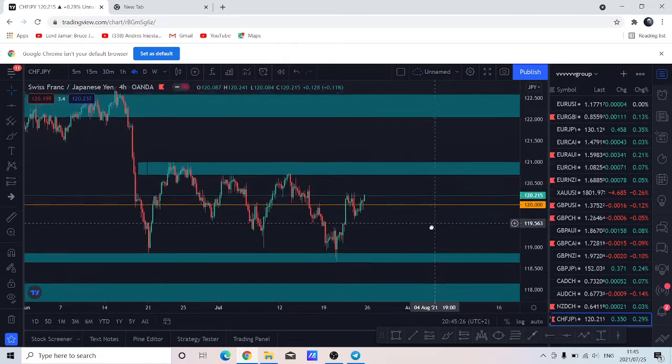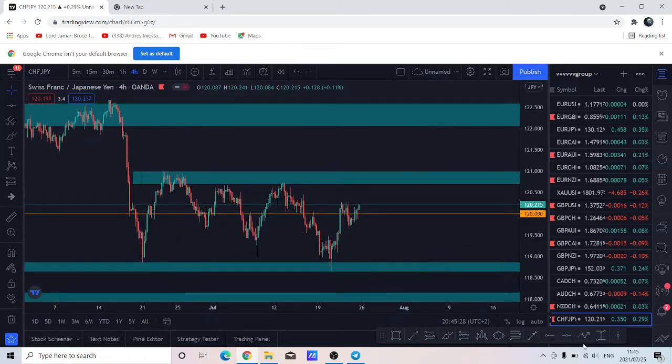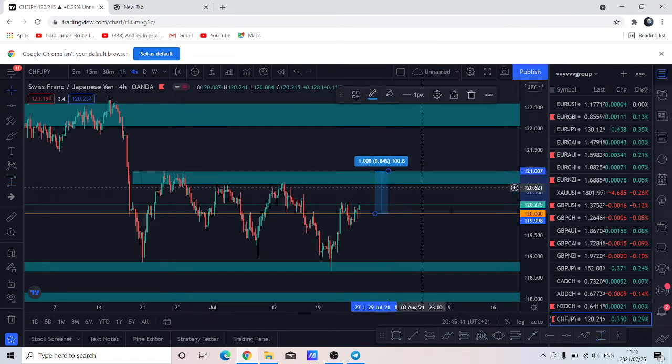120,000. So after that, we are going to use which tool? This one. We want to see the market moving from this number until it reaches 100 pips. Okay, that's our 100 pips, as you can see here.